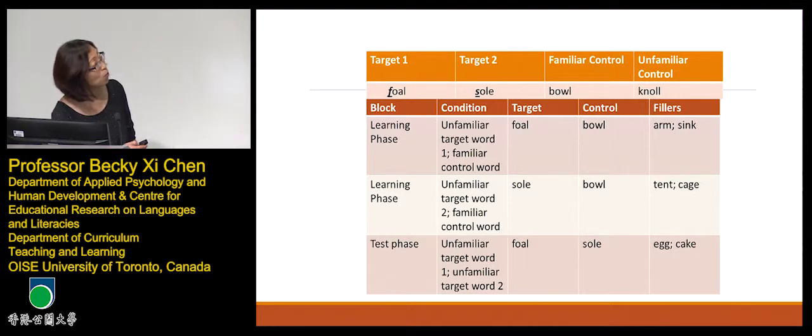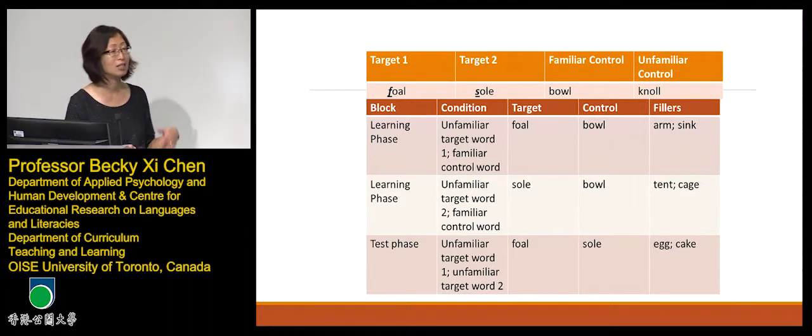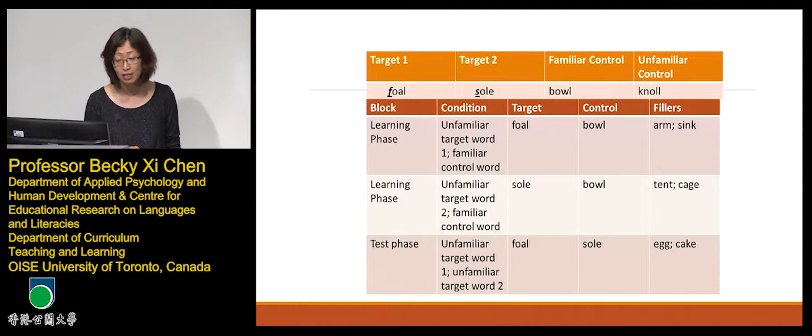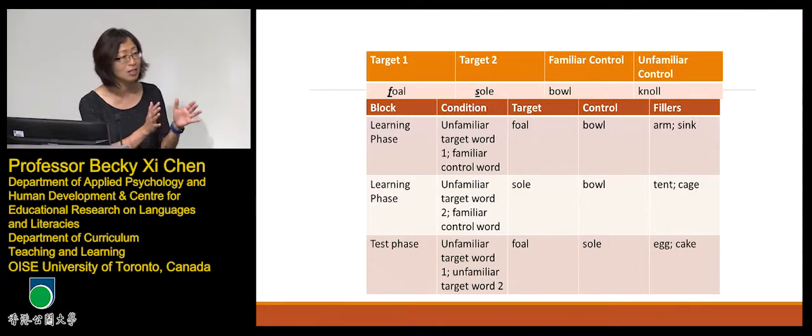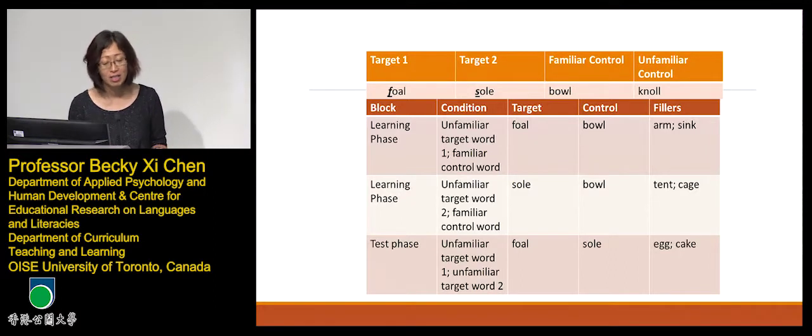But they don't know fo or so, because these are challenging words for children. The reason we chose these challenging words is because we're not interested in assessing their knowledge. We're interested in assessing how quickly they can learn these words, which is the point of dynamic assessment.